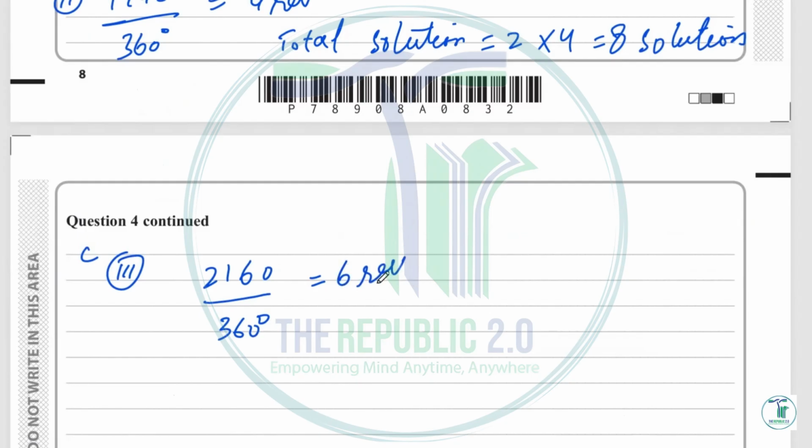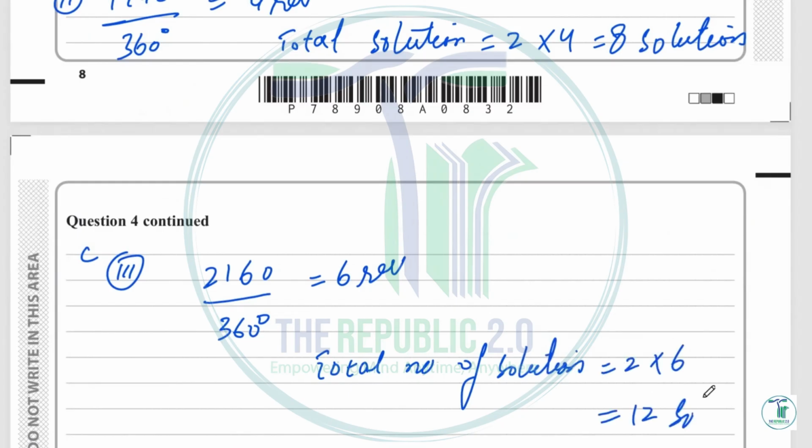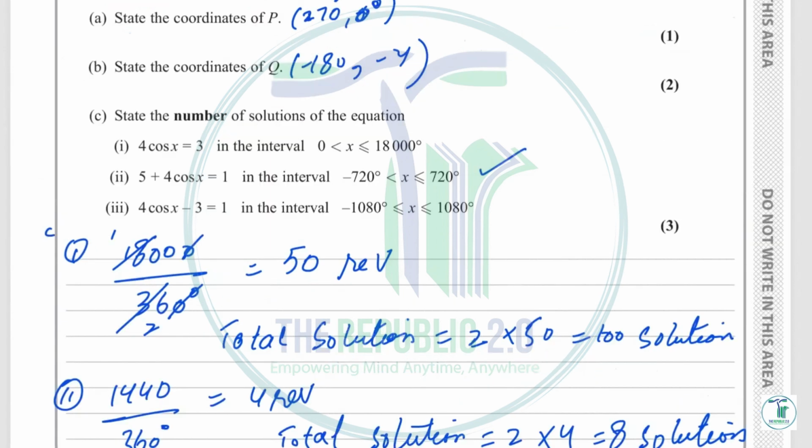And if you have got 6 revolutions, and in every revolution you have 2 answers of cos, the total number of solutions are going to be 2 times 6, and that comes out to be 12 solutions, right? So that is how we're going to do the first 4 questions of this latest Edexcel exam.